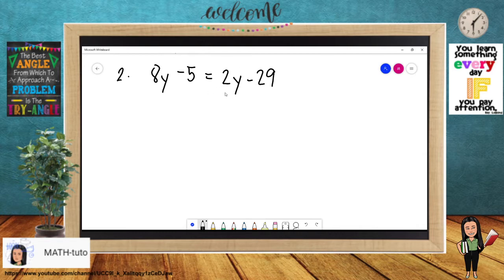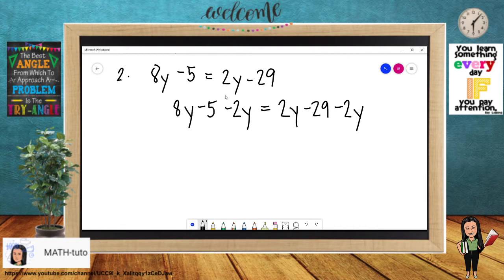Since we have a variable here, we apply the addition property of equality. 8y minus 5 minus 2y is equal to 2y minus 29 minus 2y. Remember that subtracting 2y is the same as adding negative 2y.